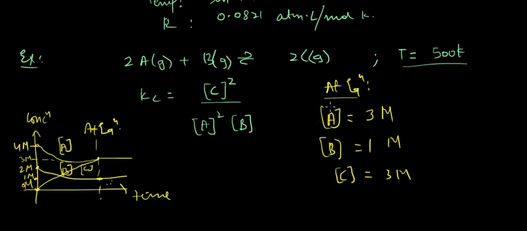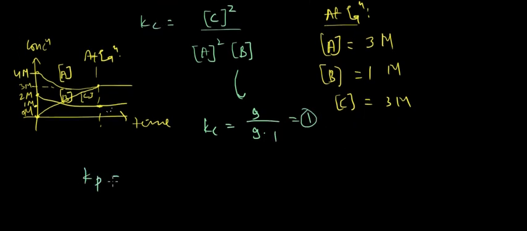From here we can calculate the Kc. Kc would be concentration of C squared, which is 9, divided by 9 into concentration of B, which is 1, so Kc would be 1.